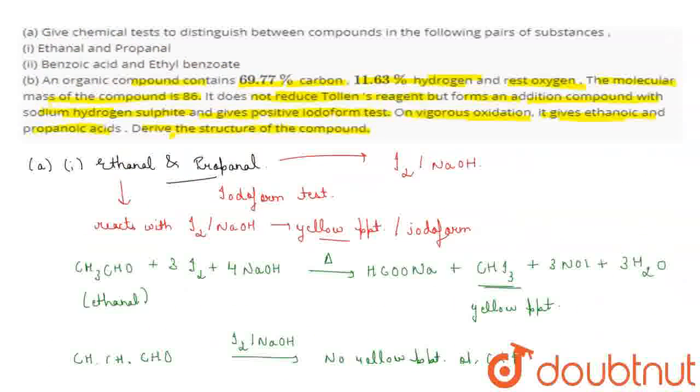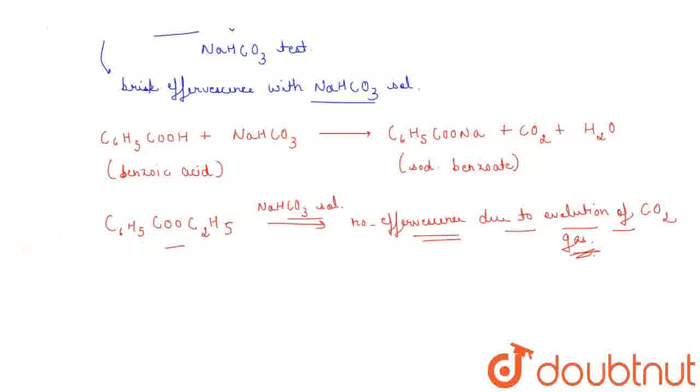Now moving to the second part of the question. An organic compound contains 69.77% carbon, 11.63% hydrogen and the rest oxygen. So basically we have to find out the structure of the compound. So let's start. The percentage of carbon is 69.77% and the percentage of hydrogen is 11.63%.